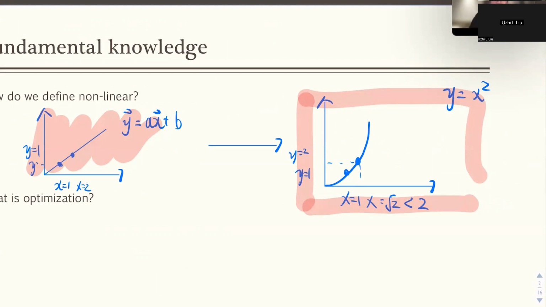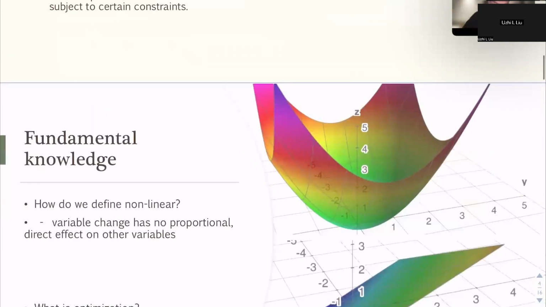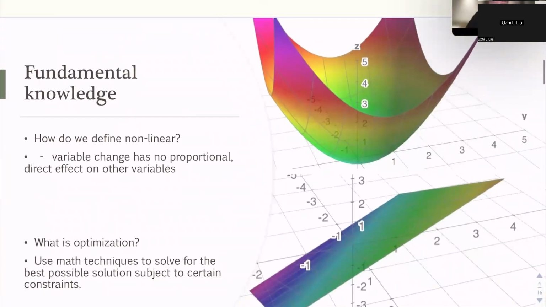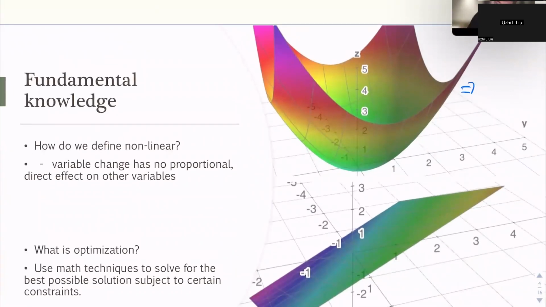Now we're going to talk a little bit about optimization. I will show this graph right here. This is basically the 3D version of linear and nonlinear functions. The first one is x squared plus y squared equals z, which is the 3D version of a nonlinear function, and the other one is simply x plus y equals z.